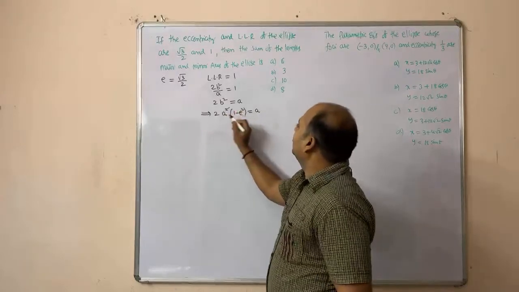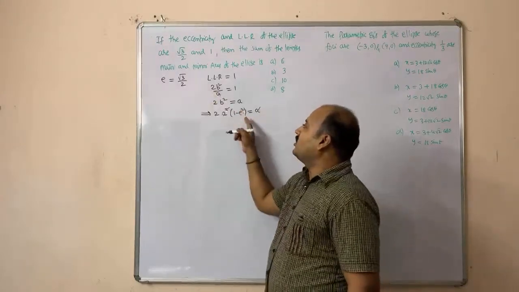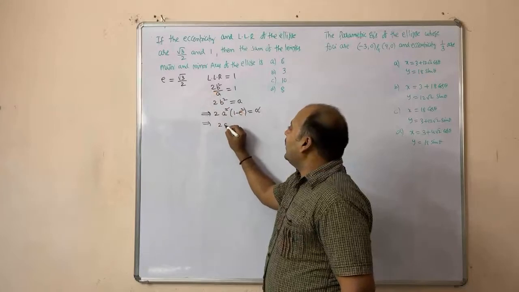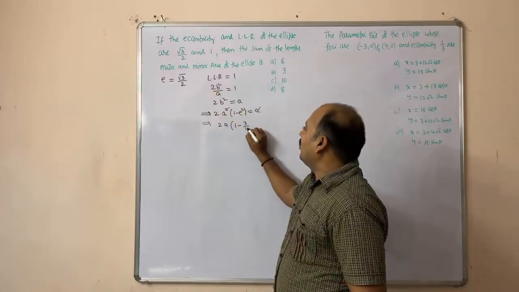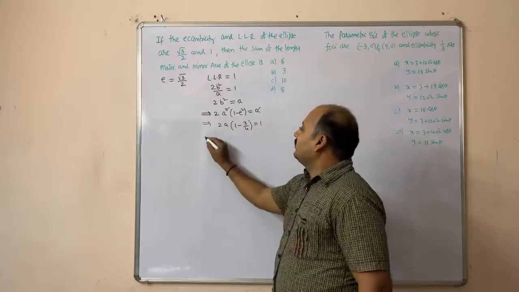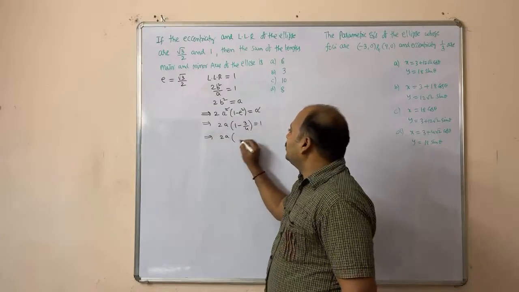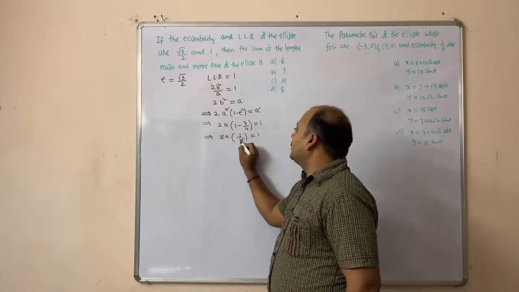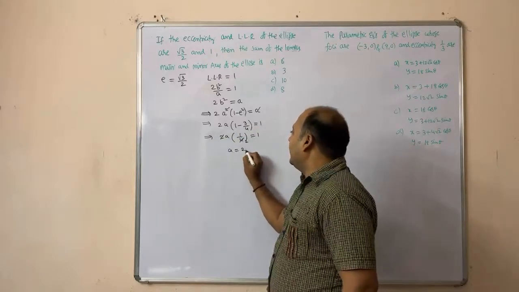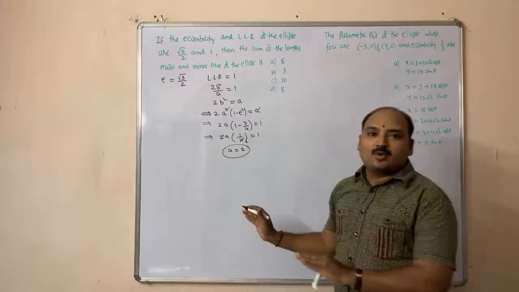So one of the a value cancels, e equal to √3/2 substitute. So 2a into 1 minus (√3/2) whole square. So 3/4 is equal to 1. So that implies 2a into (4 minus 3)/4 is equal to 1. So cross multiply, a is equal to 2. So a equal to 2 we got it.